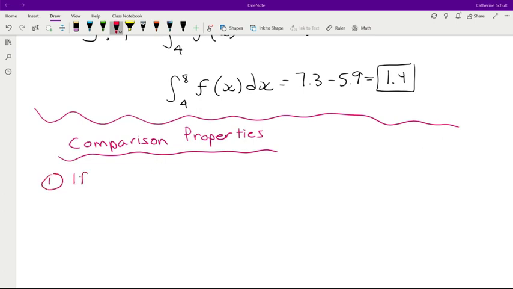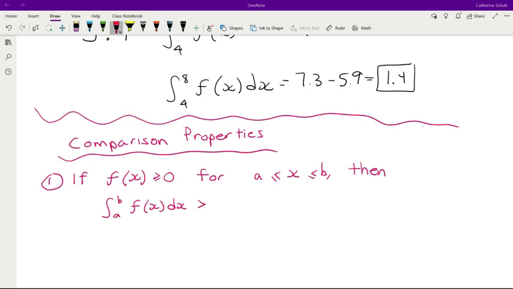So first of all, if our function is greater than or equal to 0, all right, so our function's above the x-axis for some closed interval, then we know if we're taking the area above the x-axis, it has to be positive. So we can say then that the integral from a to b of f of x dx is also greater than or equal to 0.